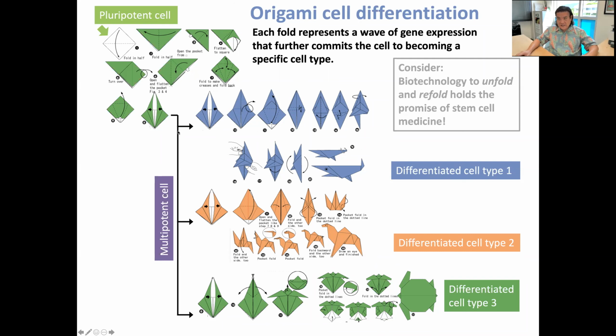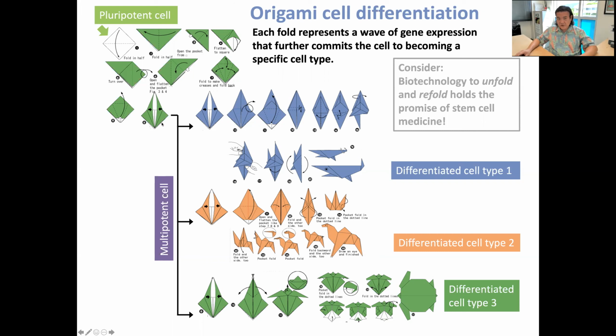Remember, in our adult bodies, we no longer have pluripotent stem cells anymore, right? What we have in the different tissues of our body are these multipotent stem cells. In other words, stem cells that can still become one of several different types of tissue-specific cells that these multipotent stem cells are meant to constantly replenish, right?